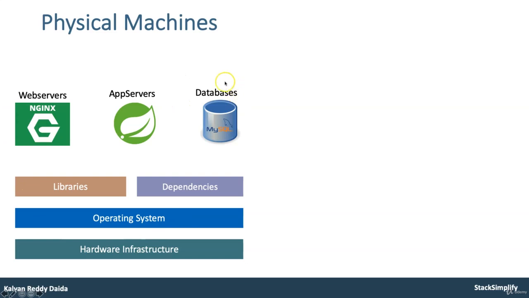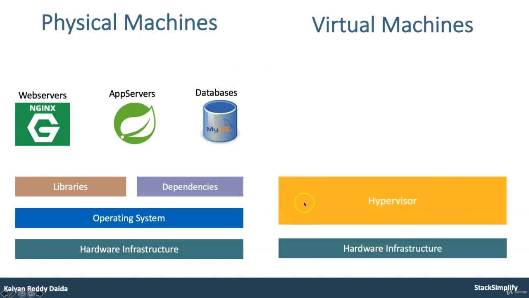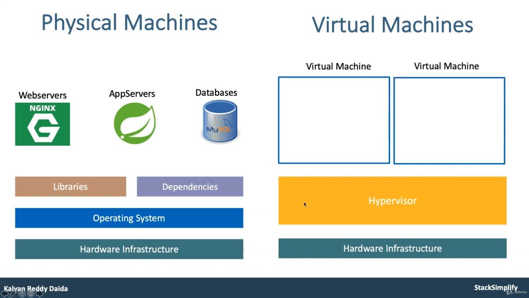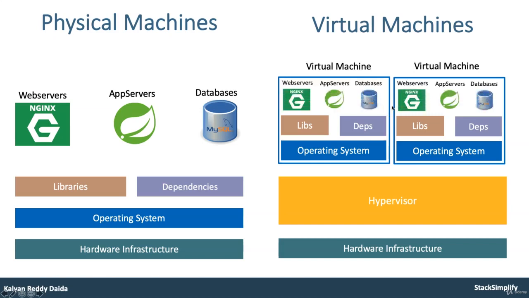Let's see from physical machine to virtual machines, what is the difference? We have the hardware infrastructure, and in virtual machines we'll have the hypervisor, and on the hypervisor we create the virtual machines. We have the operating system for each virtual machine, and then we'll install the libraries and dependencies for those virtual machines, and then we'll have the equivalent containers, equivalent vendor products installed on those virtual machines.